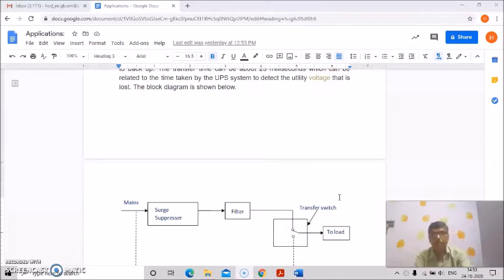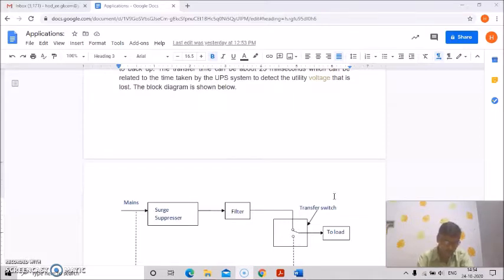In our last class of power electronics, we discussed uninterruptible power systems, a power supply: what is the need, what is a UPS, what are the types of UPS, what are the major roles of the UPS, and lastly we discussed the offline UPS system.